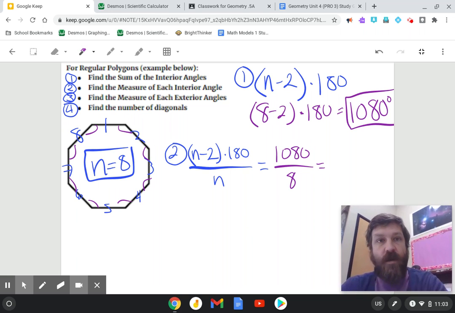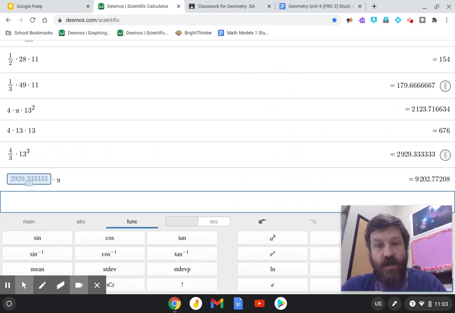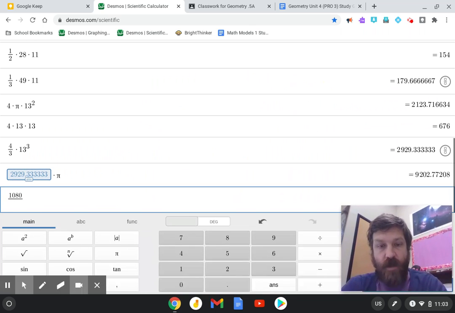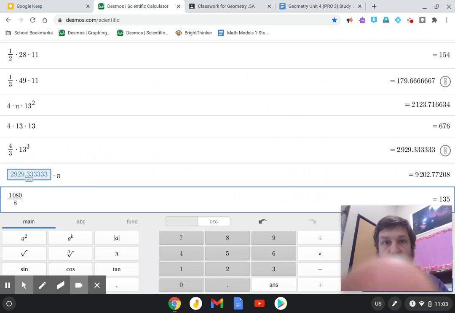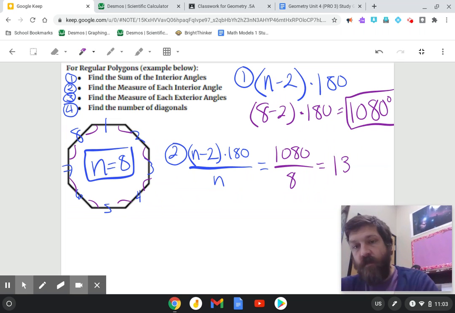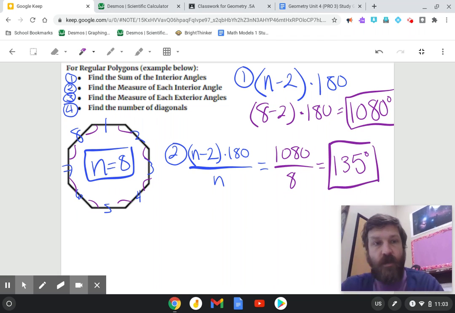And so when we do that, 1,080 divided by 8, and we get 135 degrees. So that would be the measure of one interior angle. That's number 2.